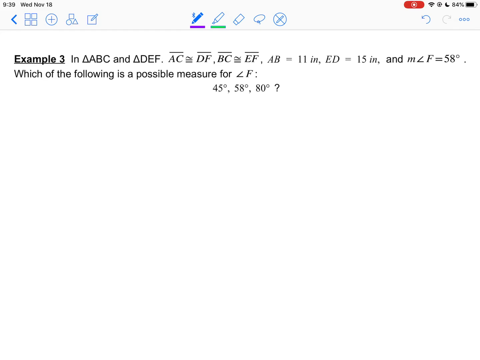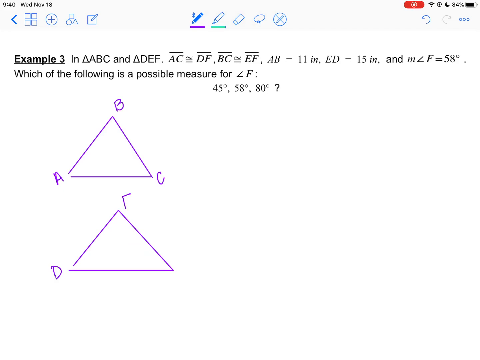All right, for our last example here, we have triangle ABC and triangle DEF, and then it's given me different information. So before I start anything, I'm going to draw two triangles. So I've got ABC, and I'm just using this for markings. And then I have triangle DEF.